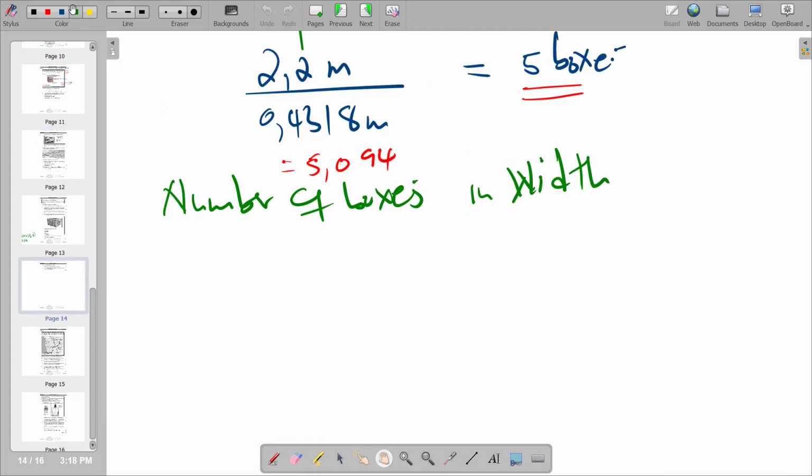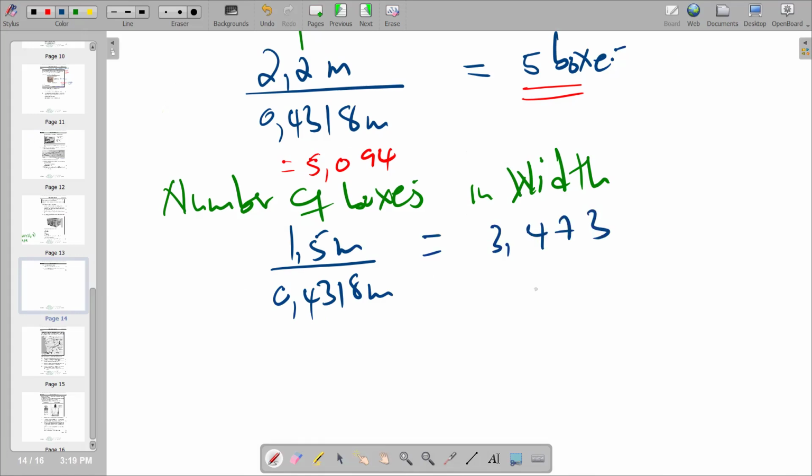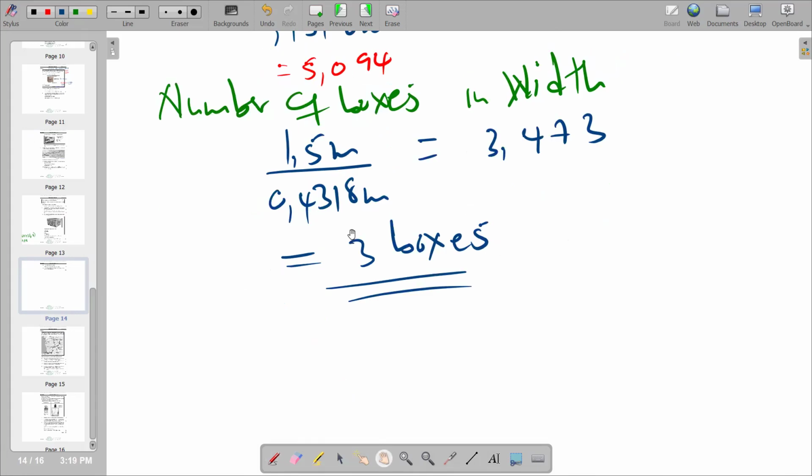So we are saying 1.5 meters divided by 0.4318 meters. We divide there, and you are going to get 3.473, which is going to give you 3 boxes after rounding off.